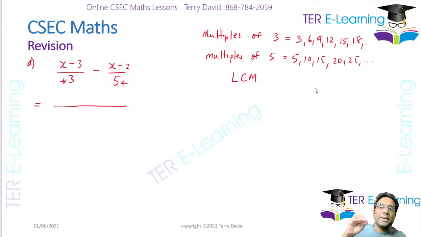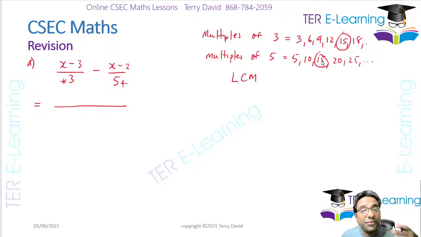We look at the multiples of 3 and the multiples of 5 and find the lowest multiple common to both. The lowest number common to them is 15. If you continue, you'll get more common multiples, but we are concerned with the lowest one. Therefore, my LCM here is 15.